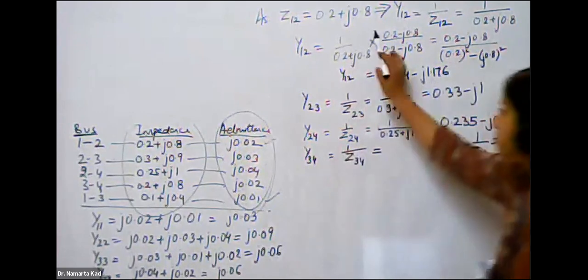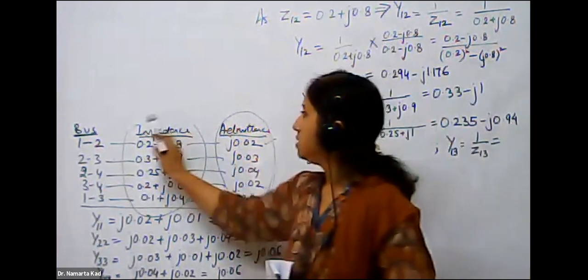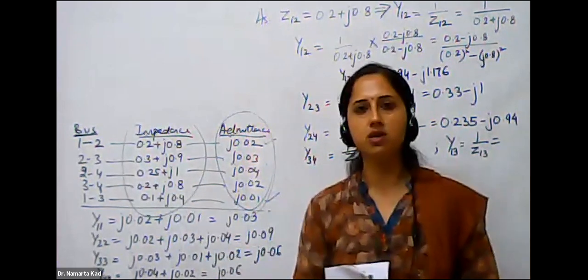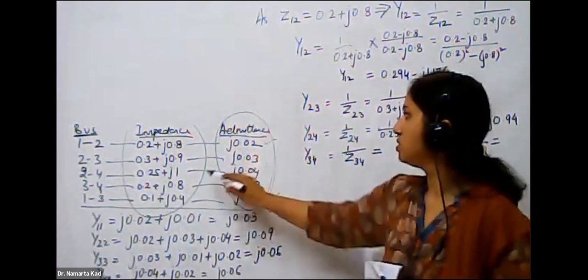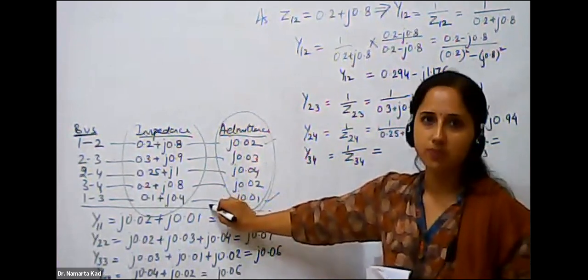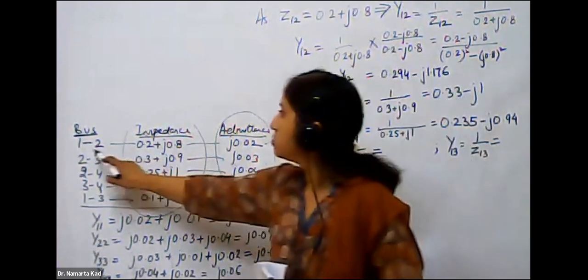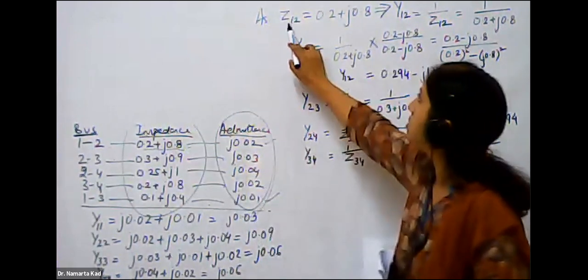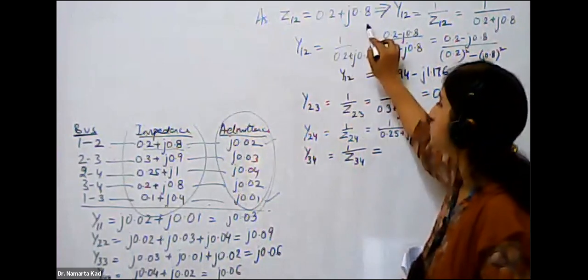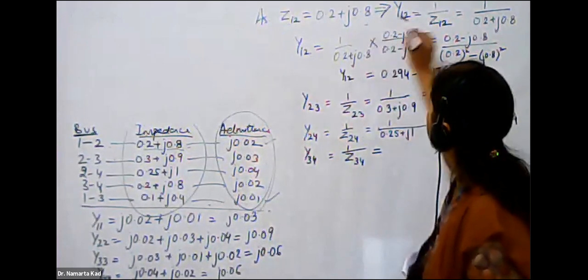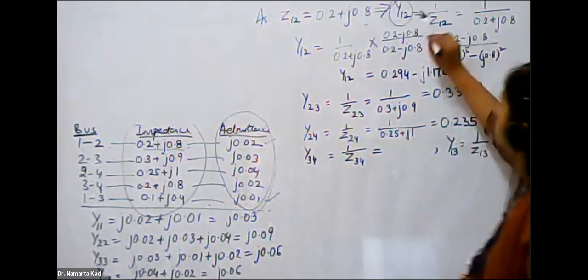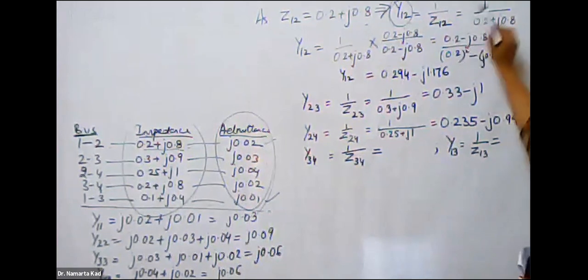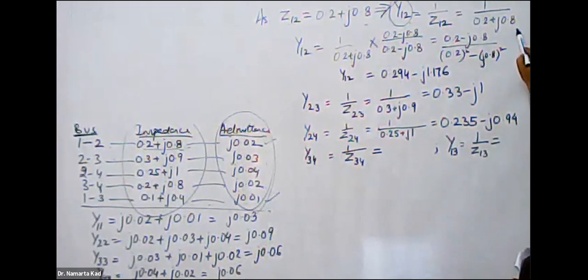Now, as these are the impedance values given in the question, we first have to convert them into admittance values so as to write down our Y bus matrix. This one is between 1 and 2, and this impedance is Z12, given as 0.2 plus j 0.8. So you have to calculate its admittance value Y12. It is the reciprocal of the impedance value, that is 1 upon 0.2 plus j 0.8.